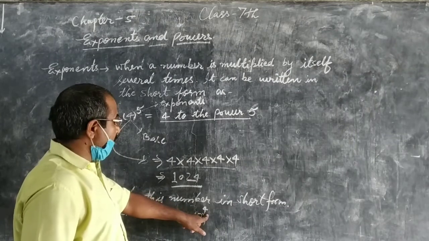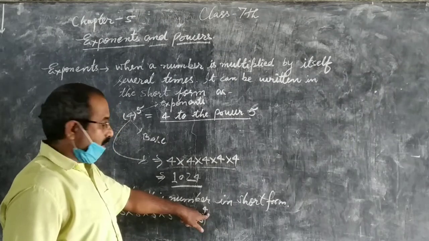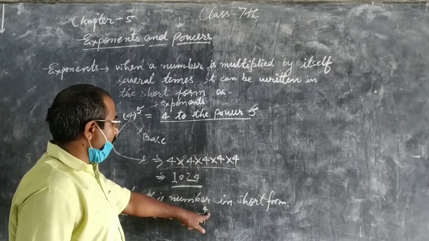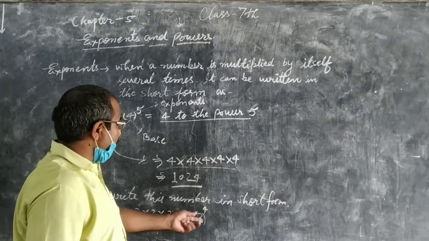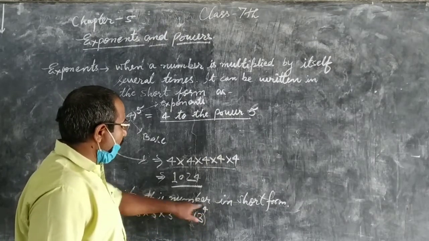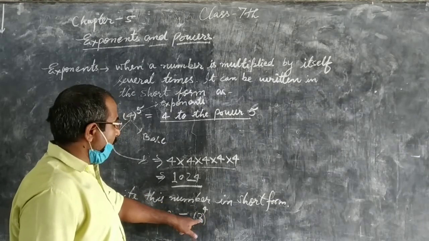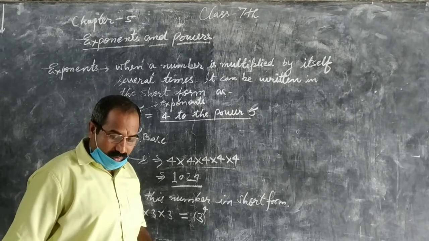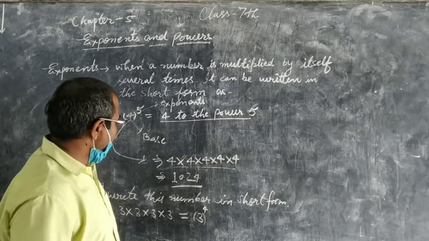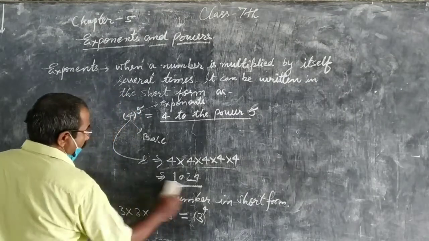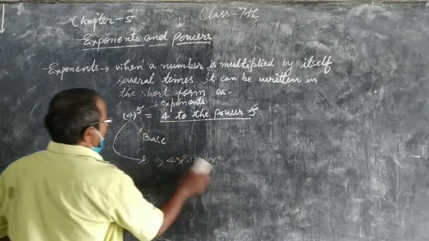This is the short form, the exponent form of this number. 4 is the exponent, 3 is the base, and we will write 3 to the power 4. Understood? Now I want to tell something more.